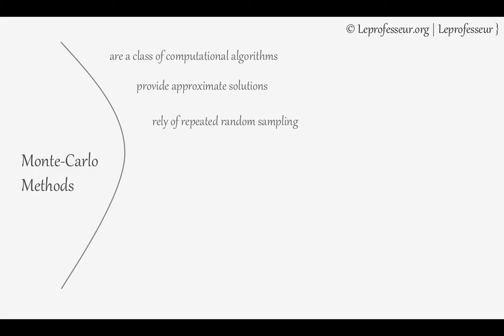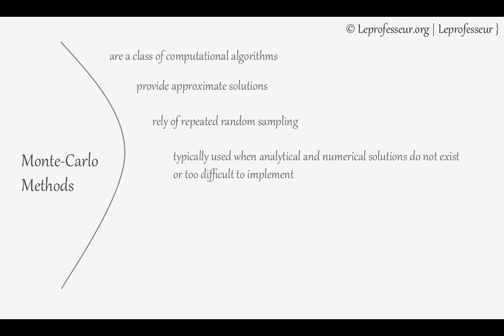So that is the base of Monte Carlo methods: somehow we have to do random sampling repeatedly. These methods are typically used when either an analytical or numerical solution does not exist or is too difficult to implement. So in these situations, we use Monte Carlo methods.